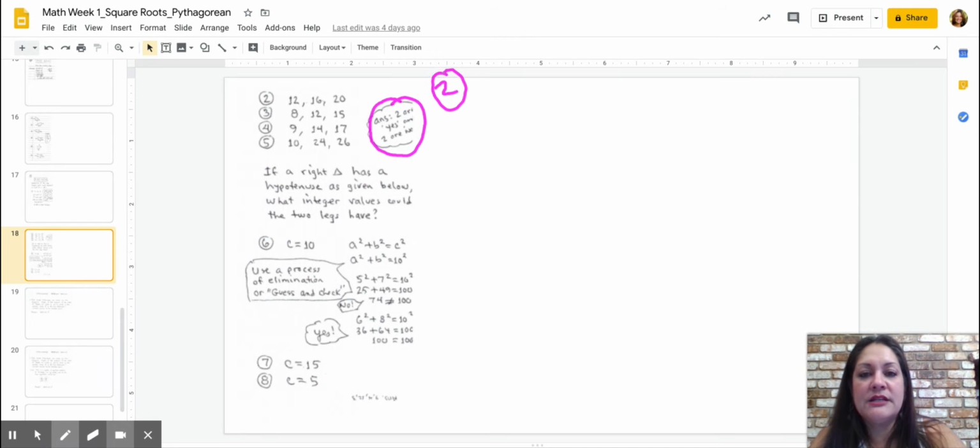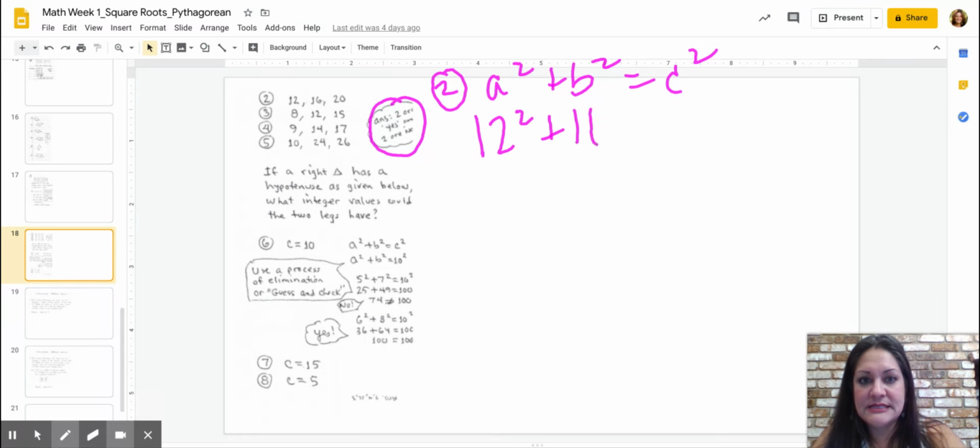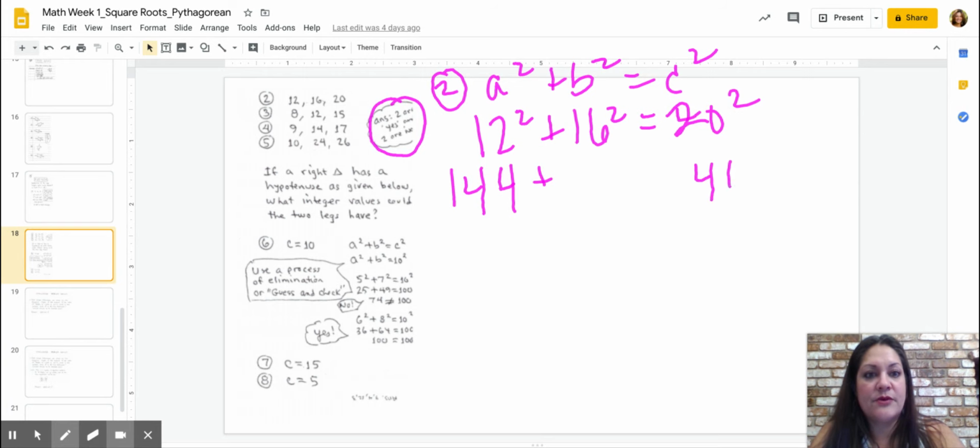Okay, so let's look at number 2. We are putting it into a squared plus b squared equals c squared. 12 squared plus 16 squared. Does it equal 20 squared? I know that is 144. I know this is 400. 16 squared, I don't remember. 16 times 16, 256.